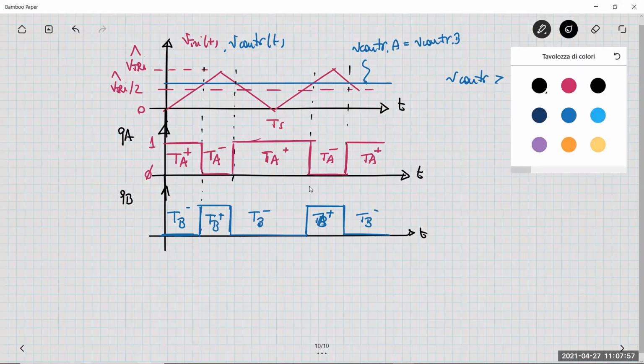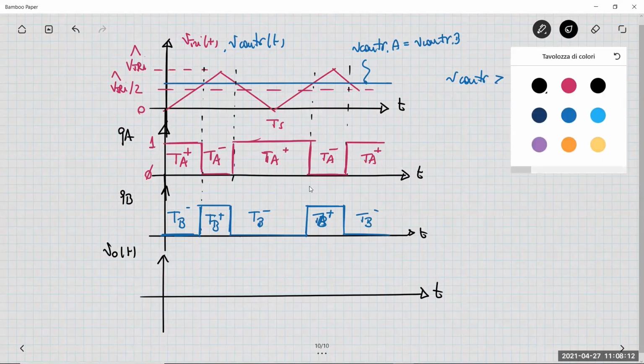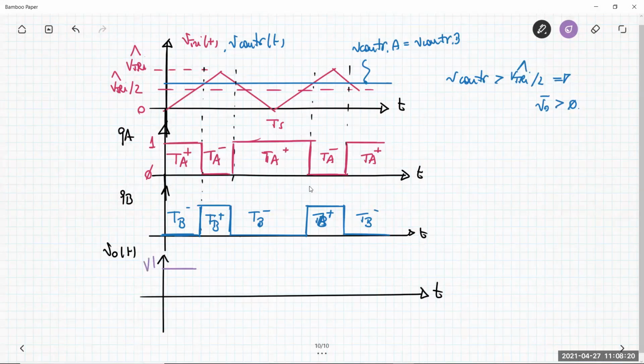What about the output voltage? The output voltage is simply the difference between the two unitary switching functions multiplied by VD. So in that situation, I have, let's say, VD minus 0, so you get VD.